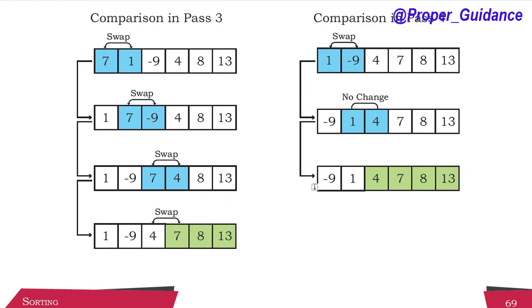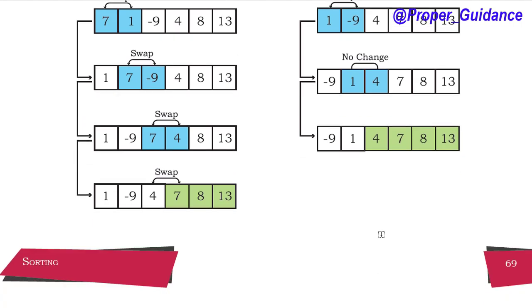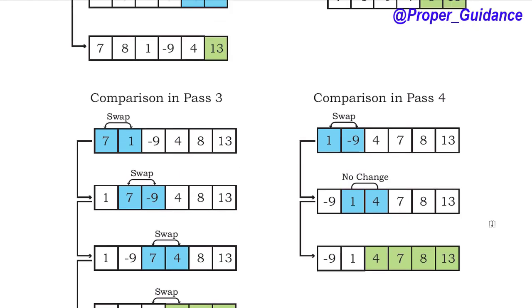So now we get the elements of the list in increasing, ascending order: minus 9, 1, 4, 7, 8, 13.